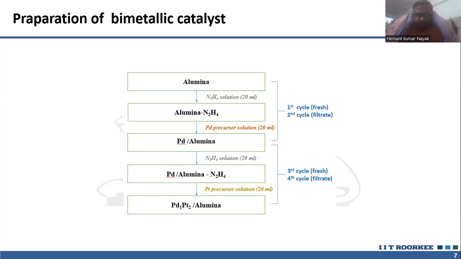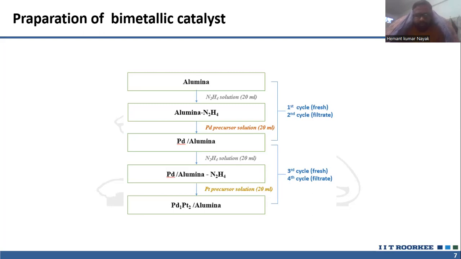Whatever filtrate solution we are getting, we have to collect separately, and then again pass it through 20 ml of ammonia hydrazine solution. And then next, 20 ml of platinum precursor solution we have to pass, and then platinum and palladium are both deposited on the support.